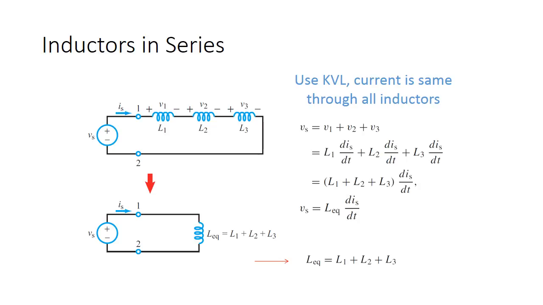So we can use the equation for those in order to get our L1 di/dt, and so on. In order to group like terms, we get L1, L2, L3 times di/dt, and then we can get our voltage VS equals L equivalent di/dt. And then if you want to simplify that a step further, the L equivalent, or total inductance, equals the sum of the individual inductances.